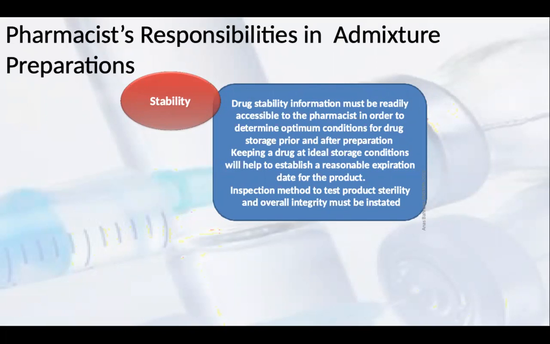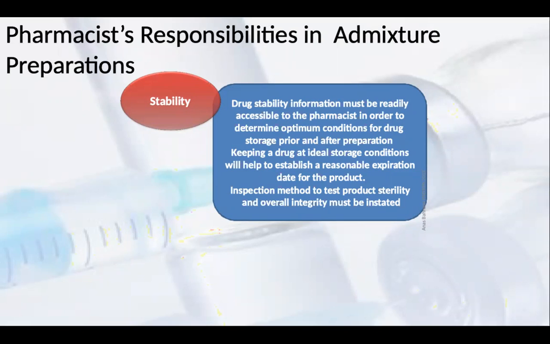Pharmacist responsibilities in admixture preparation: stability. Whatever the drug, it must be stable. The drugs which are reconstituted and mixed must be stable. Drug stability information must be readily accessible to the pharmacist in order to determine optimum conditions for drug storage, both before and after preparation. Keeping a drug at ideal storage conditions will help to establish a responsible expiration date for the products.